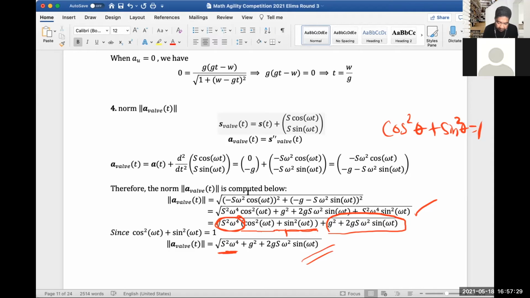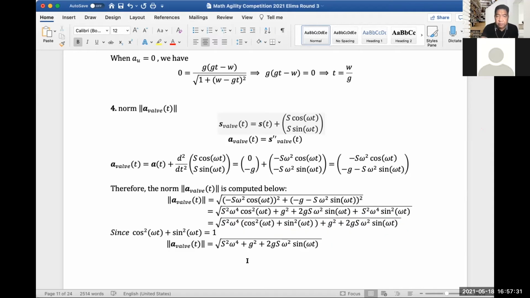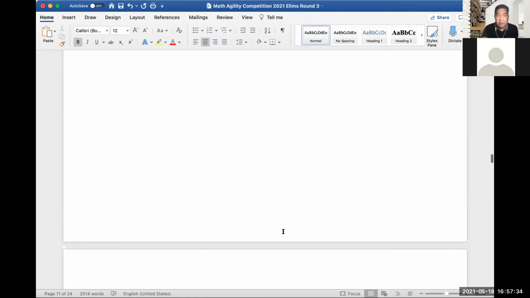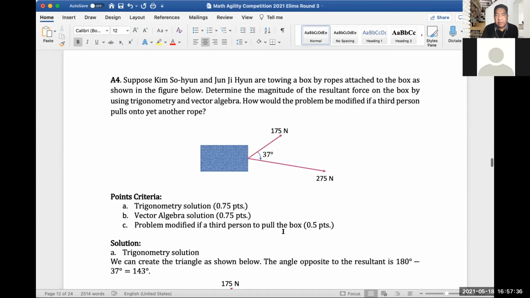Okay, let's move to question number 4 of the average problem. Again, this is a linear algebra, physics, and trigonometry problem. So let's read the problem.